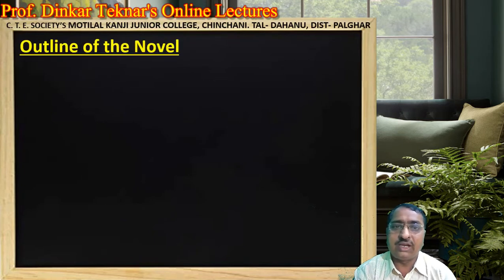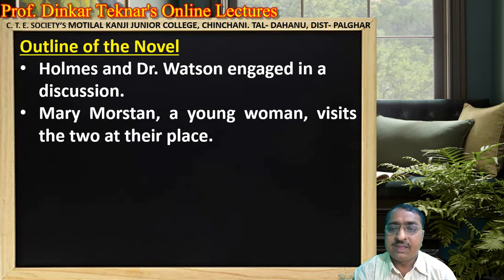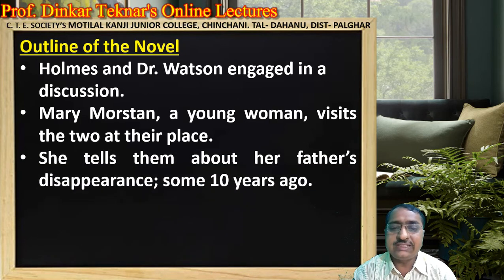First, we'll see the outline of the story. Holmes and Dr. Watson are engaged in a discussion, and as they were in discussion, Mary Morstan, a young woman, visits the two at their place. She comes there to get help from them. She tells them about her father's disappearance.